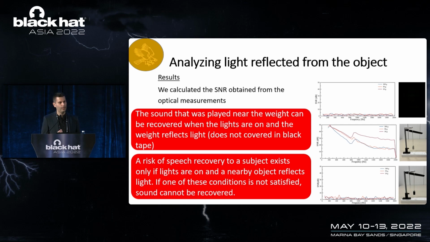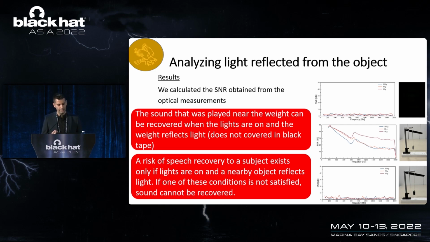You can see how the signal to noise ratio is positive. This is the picture in the middle. This corresponds to a risk for speech eavesdropping. You can recover sound that is played near an object.